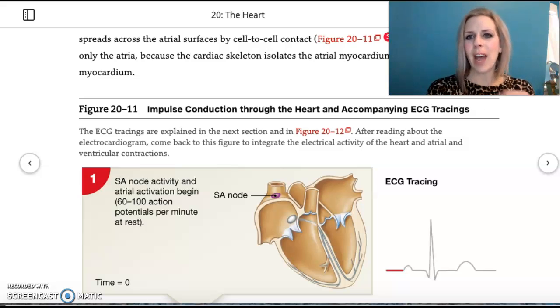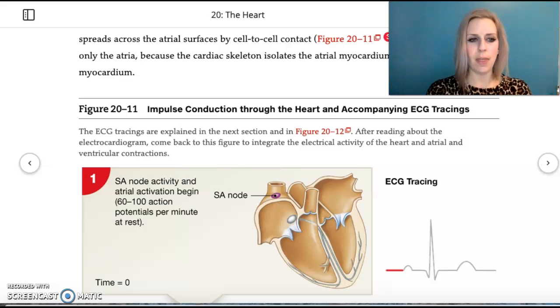And the goal here is to have a normal EKG reading or ECG reading. Now, the great thing about ECGs is that we can see what is normal on them, but we can also see what is abnormal on them. So the fact that we can look at an ECG tracing and find abnormalities in the heart that could help us explain and diagnose the patient is extra important.